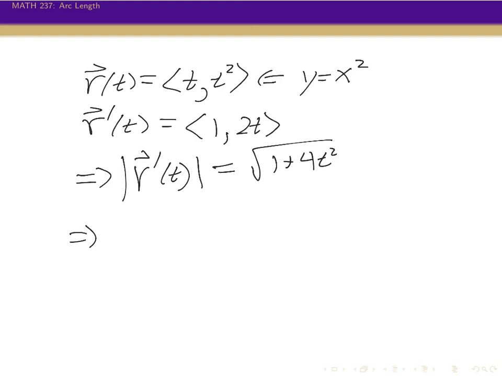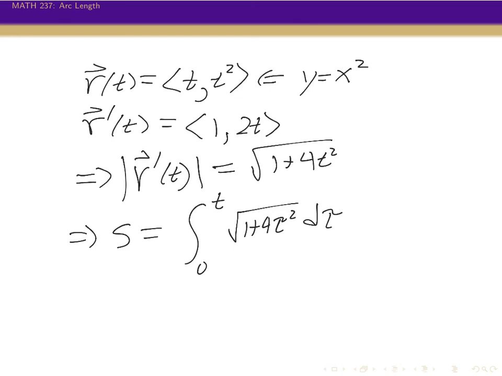And so if we want the arc length between any 2 points, or we want this arc length parameterization, say if we use reference point 0, we'd be integrating from 0 to t of the square root of 1 plus 4 tau squared d tau. Well, this is not a simple integral to do.